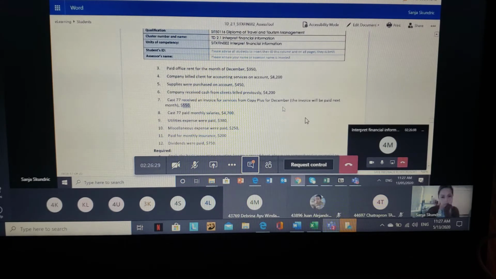So it means that there is an invoice that has come from Copy Plus and it has to be paid, which means we can include that one, or 550.